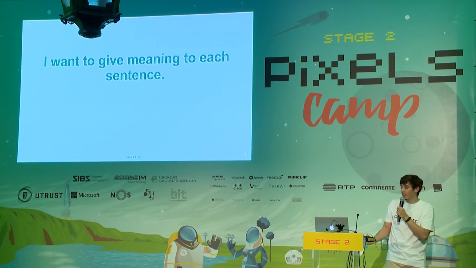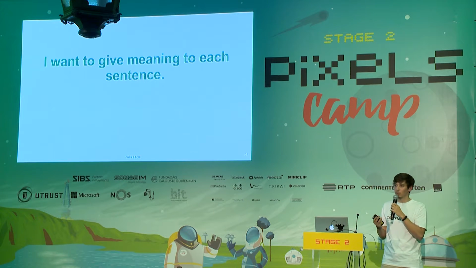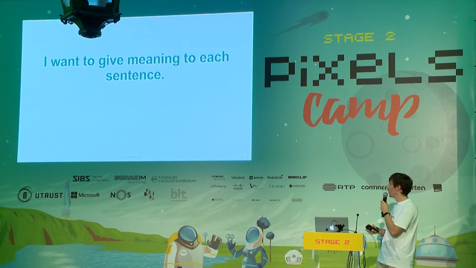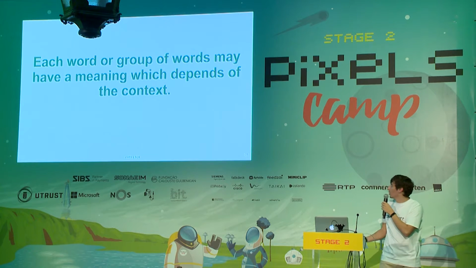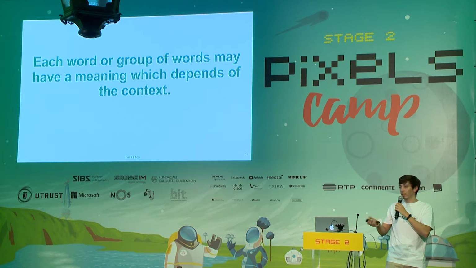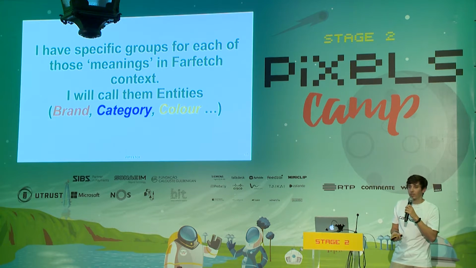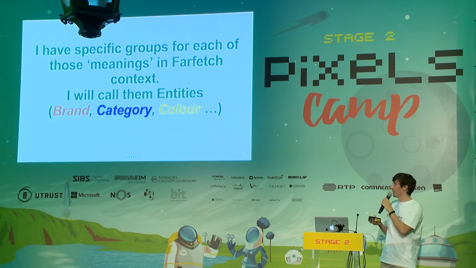So the main idea and what we ended up attacking is query understanding. So we wanted to understand better how to understand the user query. And the main idea was to give a meaning to each sentence. So each word basically has a meaning depending on the context. And at Farfetch, I may even have a way to associate that meaning with a specific, let's just call it, entity.